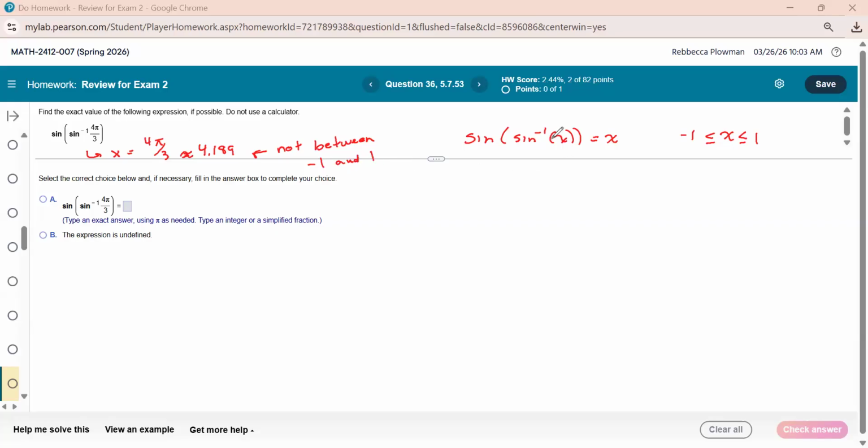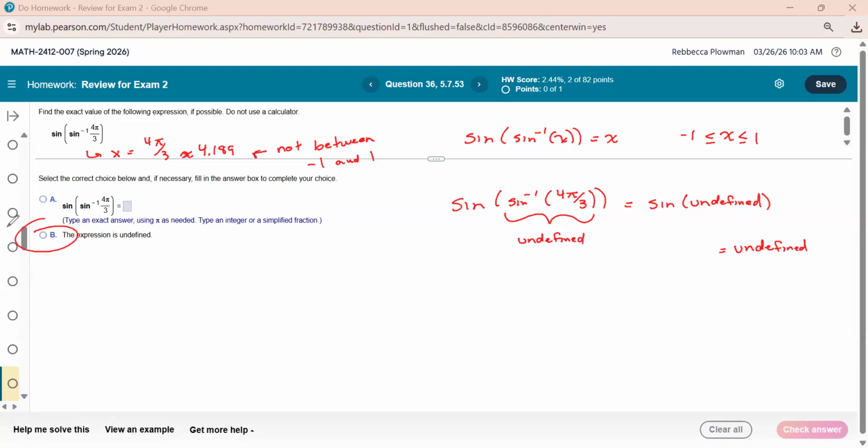And in this case, what happens is that this part right here, inverse sine of 4 pi over 3, is undefined. Which means if I'm doing the sine of something that's undefined, then what I'm going to get out is something that is undefined. So this would be our answer.